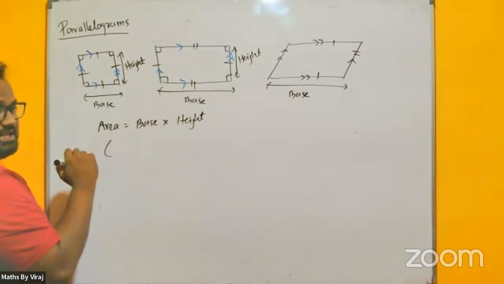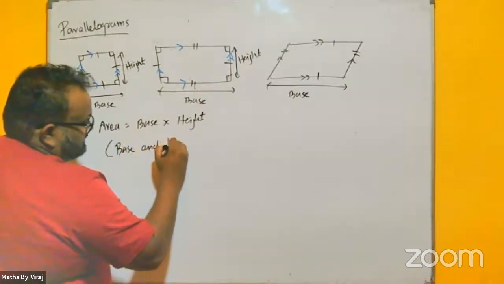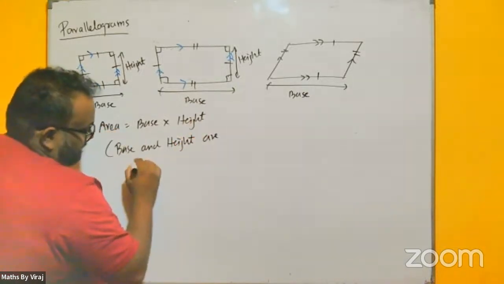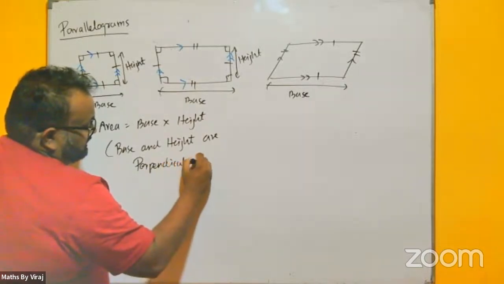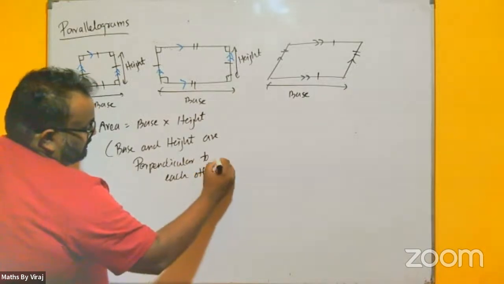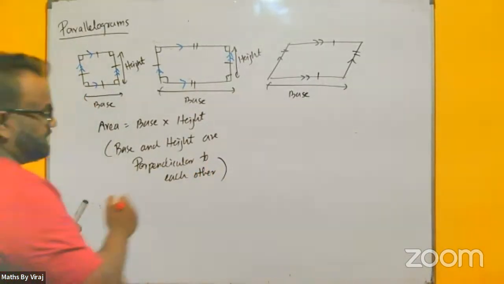Here area is base into height. You have to understand the fact that base and height are perpendicular to each other. What do you mean by saying perpendicular to each other?